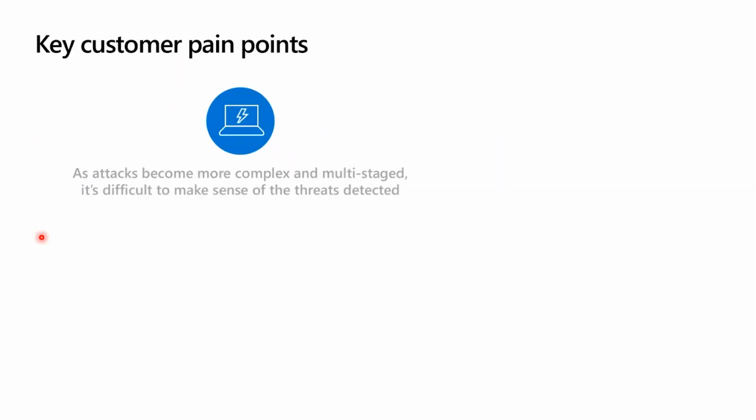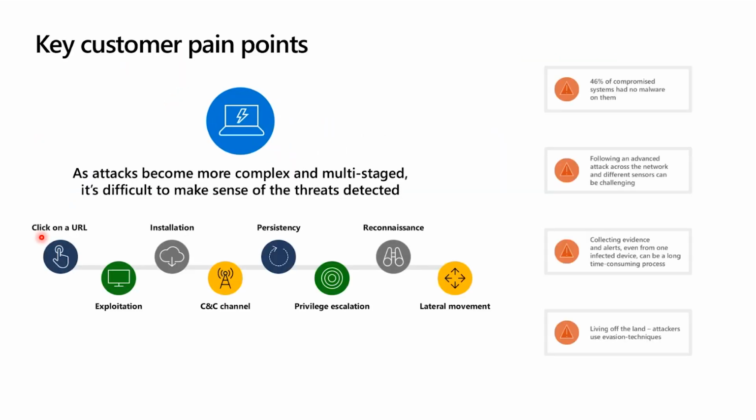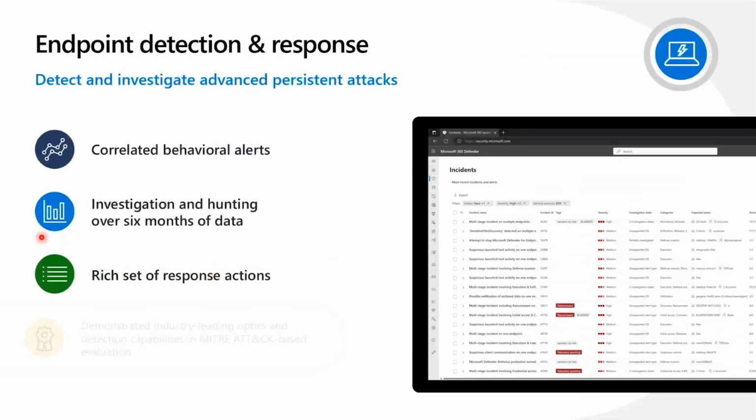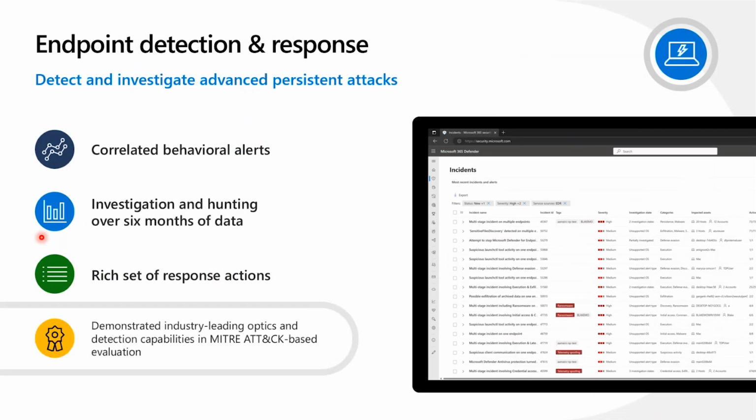All right, so let's look at EDR. What EDR does for you is, here we have our Defender dashboard, and here we have incidents. Now, what's an incident? An incident is multiple alerts of the same nature which are grouped together.